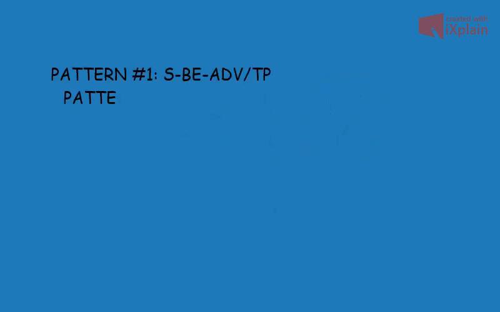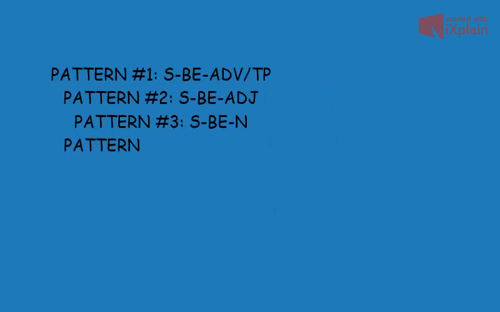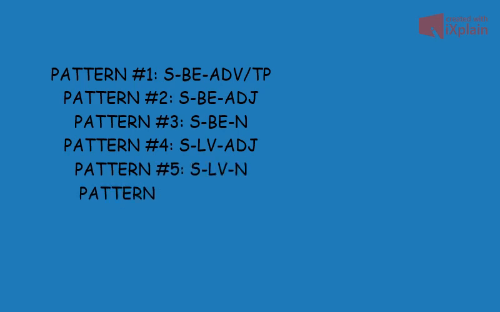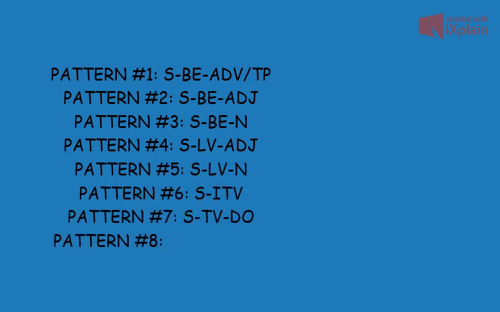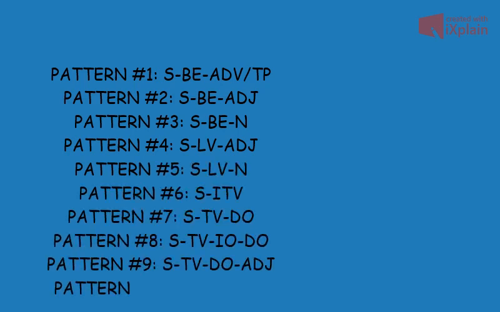The most important thing that I do in order to determine the sentence pattern is I identify the verb and what type of verb is in the sentence. If you look closely at the sentence patterns, you can group them by the type of verb within the sentence. Look at the first three sentence patterns. They all have the be-verb.